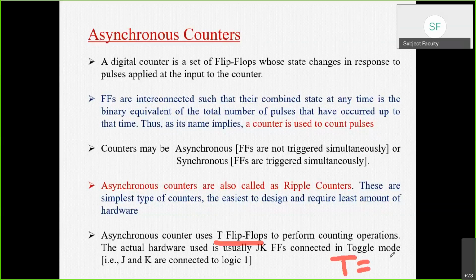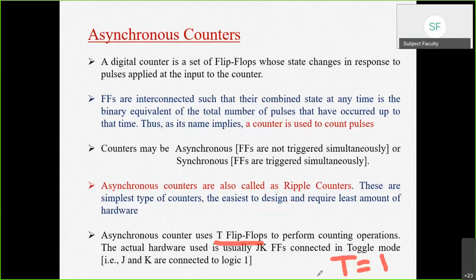We have seen the working of the T flip-flop. Since it has only one input, the T input, how many possible combinations will there be? Either T equals 0 or T equals 1. When T equals 0, there is no change at the output. Whatever the previous output was, the next output will also be the same.